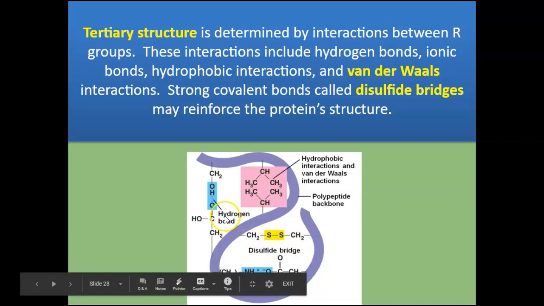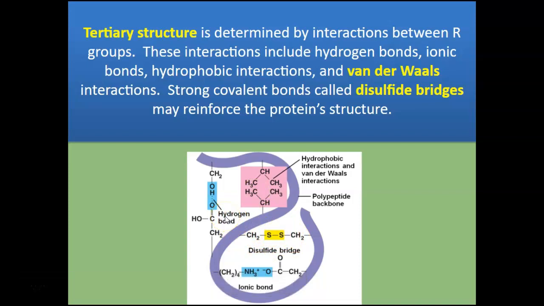We will go more into depth with this in a different lecture, but just know that the chemistry of an R group will ultimately dictate the tertiary structure of a protein. And now we can really see the protein start to take shape.